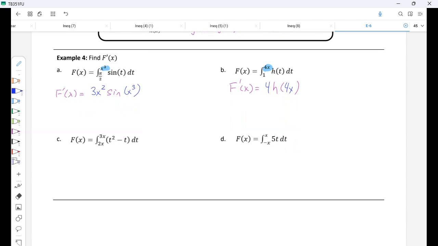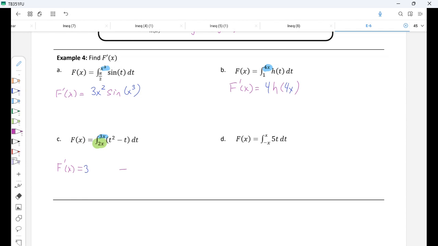For C and D, our F primes are going to have 2 parts because both limits are not just plain old x's. So it's going to be something minus something. Chain rule on both parts, 3x, 2x. Oop, that's a big one. Guess that's fine. So upper limit first, just like regular, we're going to do the derivative of 3x, which is 3.